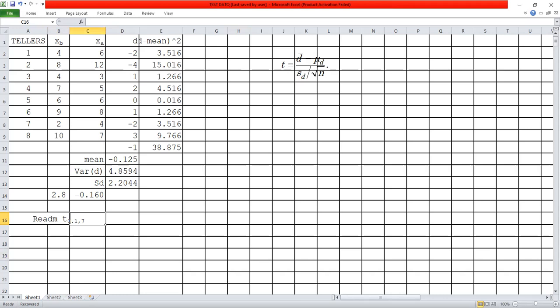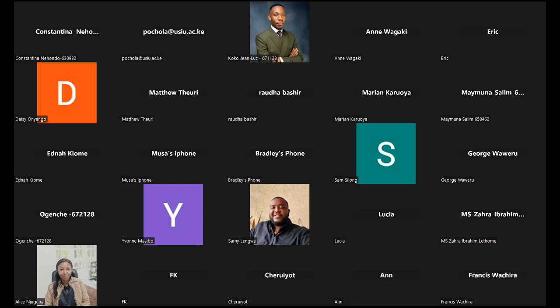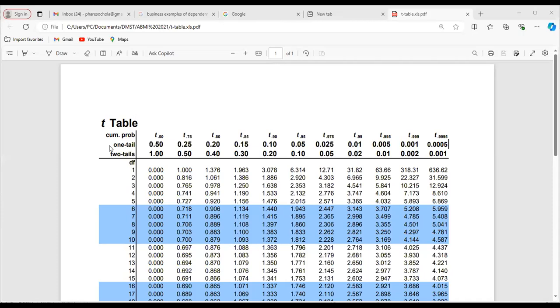So if I go to our T table, this is our T table. It's a one-tailed test, so we use this row here.